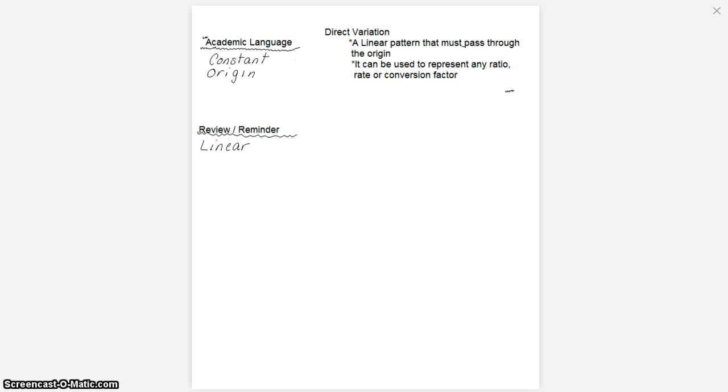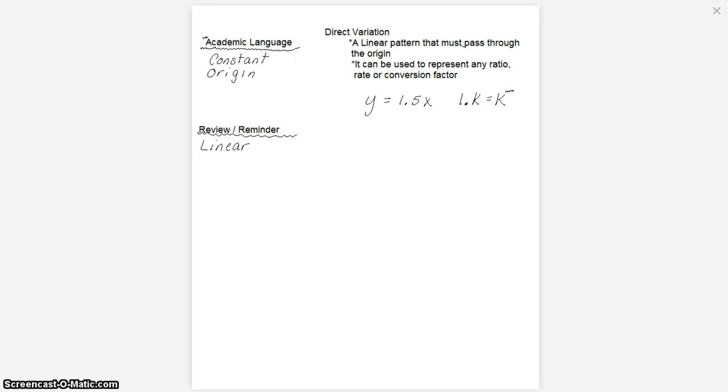But let's move on. Let's start this off with an example, and let's start the example off with an equation that represents a direct variation. So the equation I chose was y equals 1.5x. So 1.5 is k.